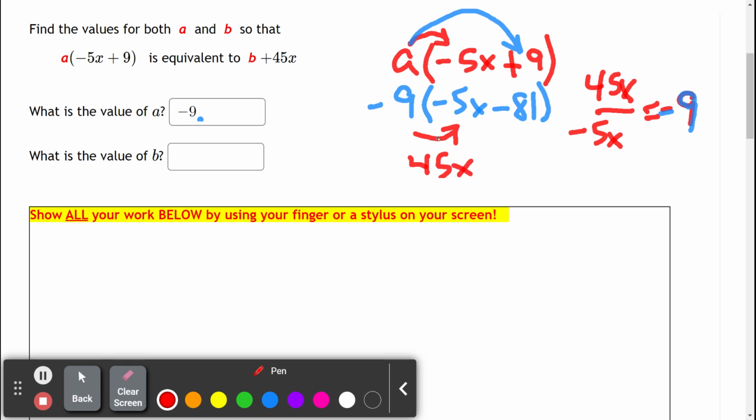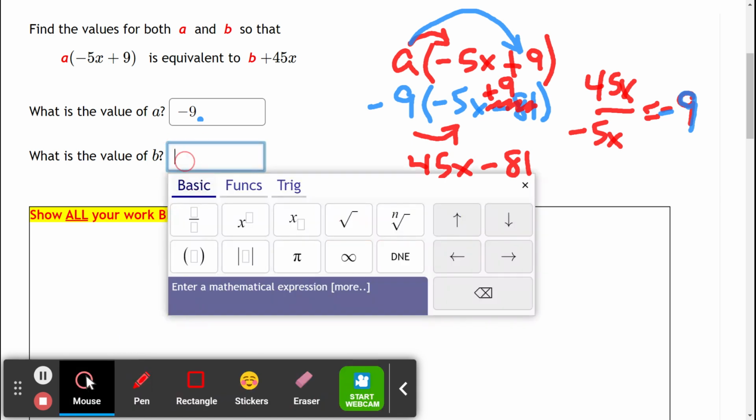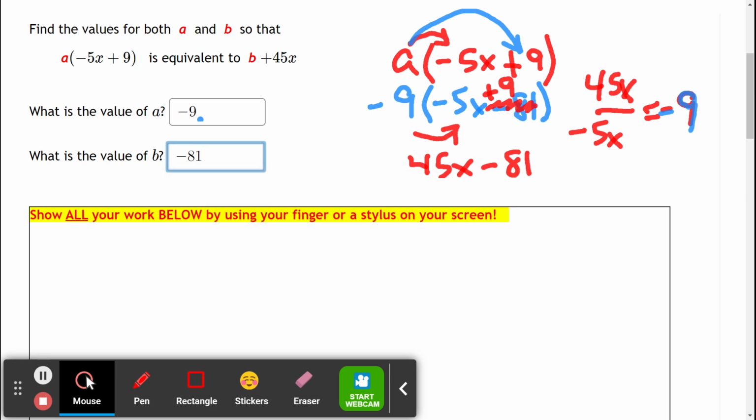And then I have negative 9 times negative 9, which is negative 81. So this still had to be positive 9. My goodness, I'm making so many mistakes in this one. This is positive 9. And so 9 times negative 9 is negative 81. So right here, this is negative 81, because we're looking for just the number part of the expression.